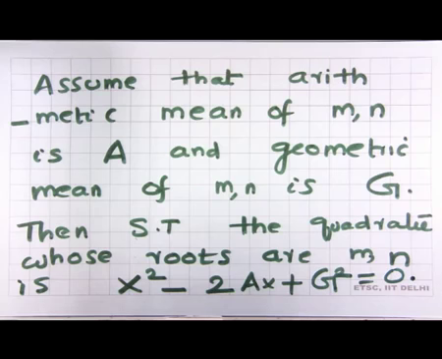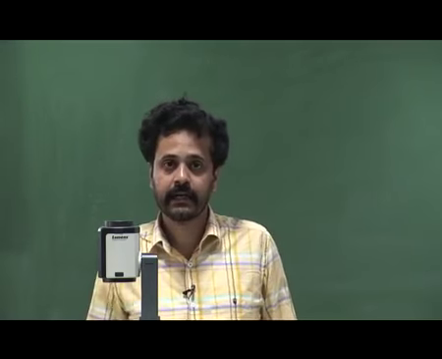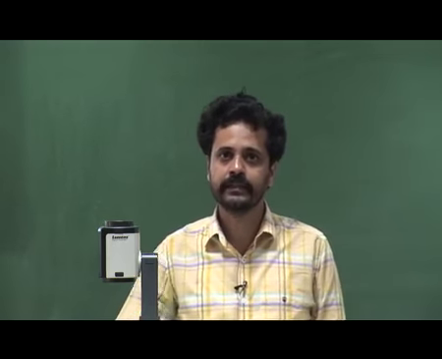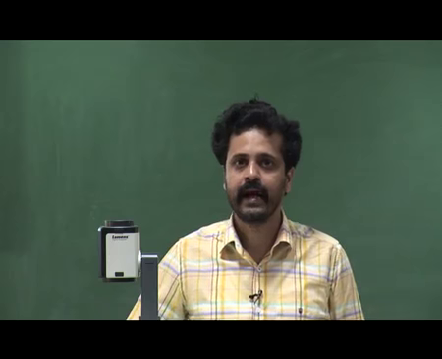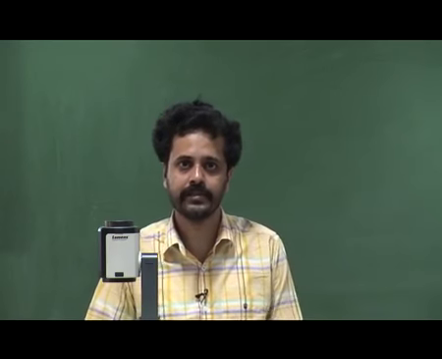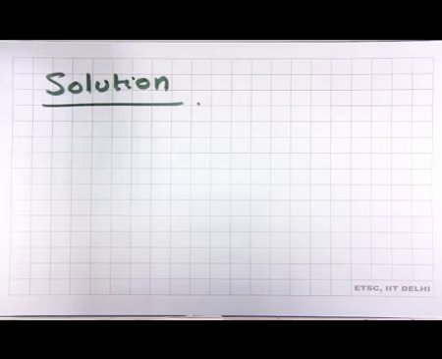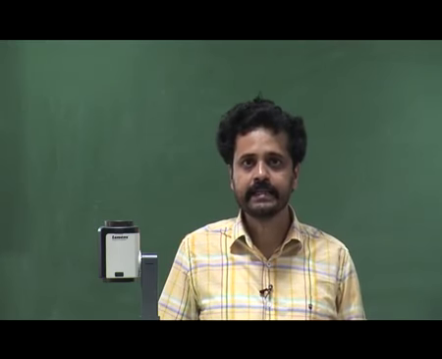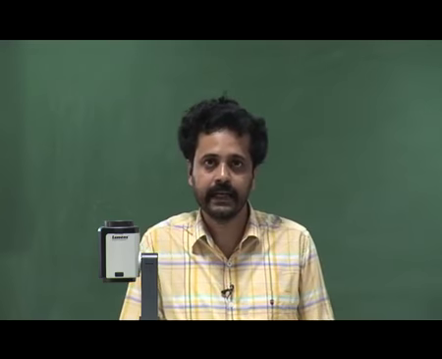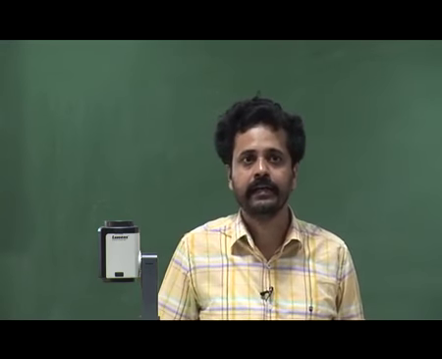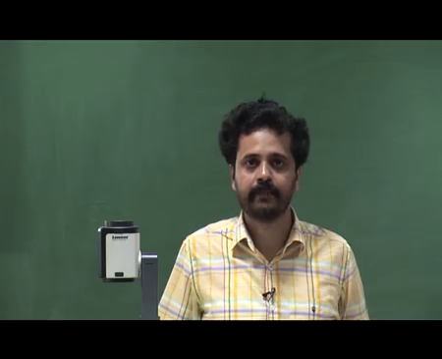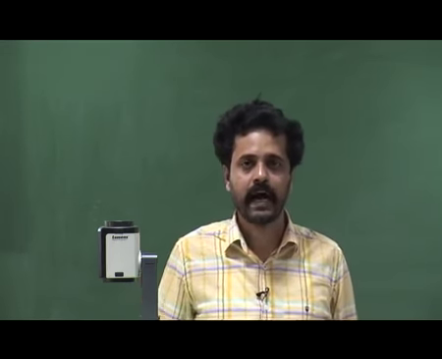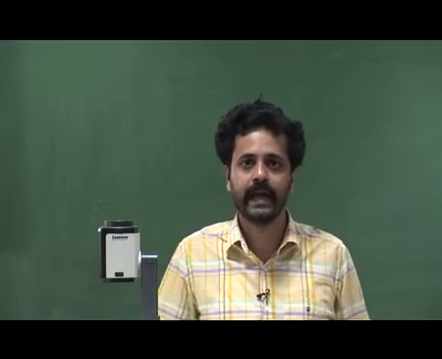As in the previous problem, this is concerned with 3 consecutive terms of an arithmetic progression and geometric progression. Let us solve it. 3 numbers a, b, c are in AP if b equal to a plus c by 2, and a plus c by 2 is called arithmetic mean of a and c.